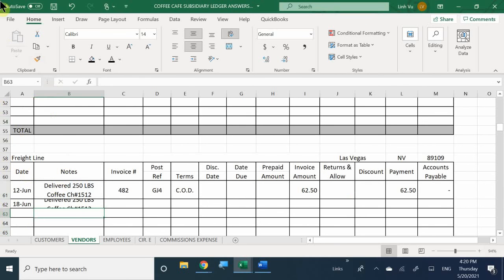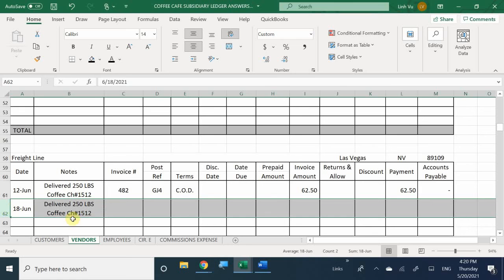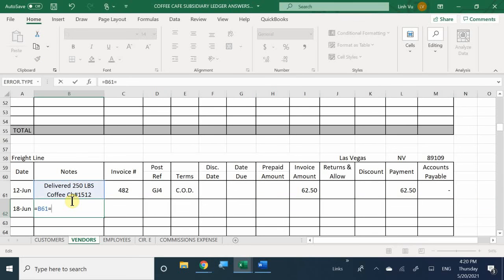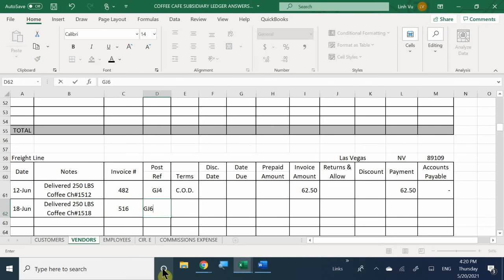Should be check 1518, was it? Yes. I have to actually type that all out and then I can modify it. What was my invoice number? 516. General journal number 6.